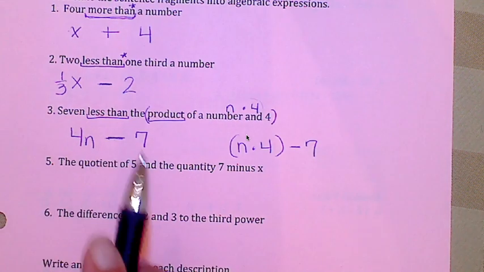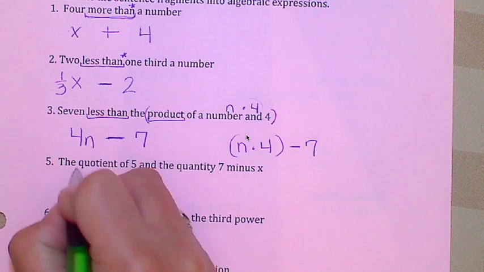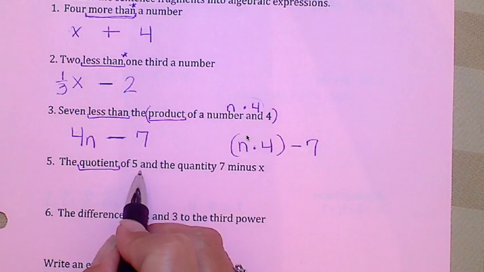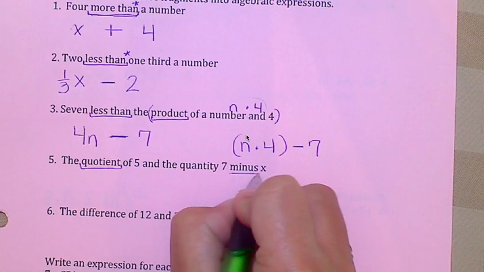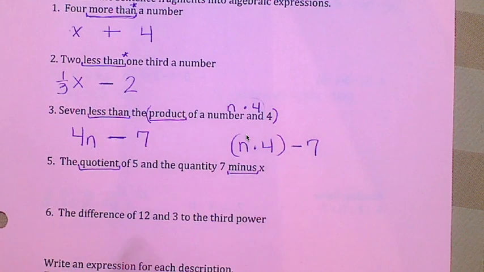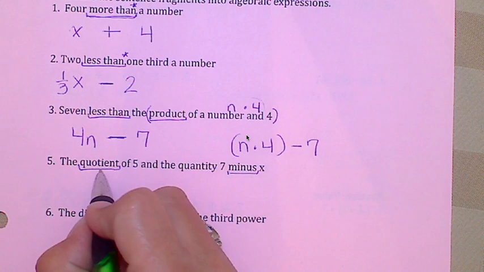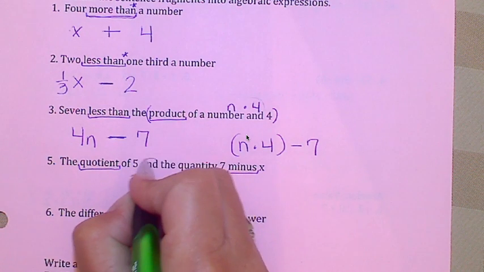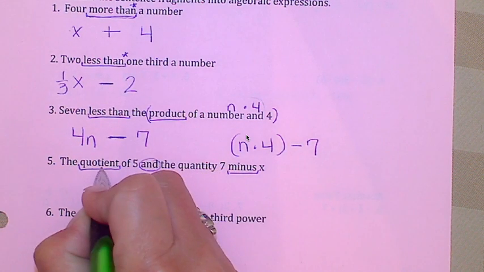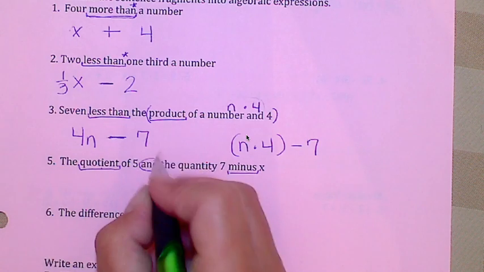Okay. All right, 5. The quotient of 5 and the quantity 7 minus x. So once again, we have two operations going on. Quotient, remember, is division. So the quotient of 5, the word and tells you where to put the division. So there's a couple ways you can do this.